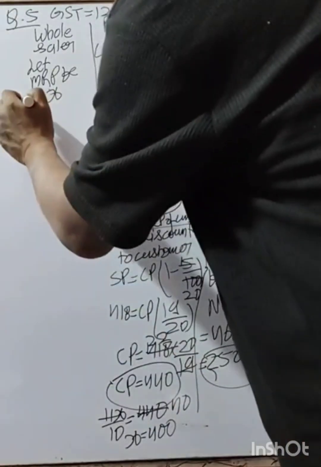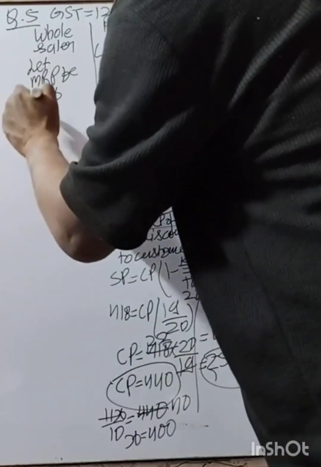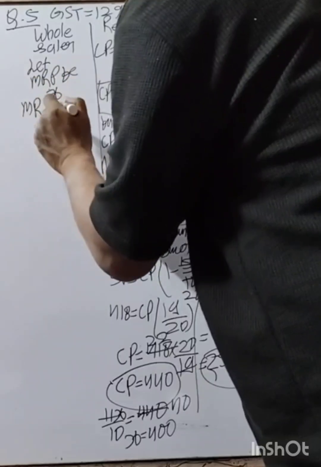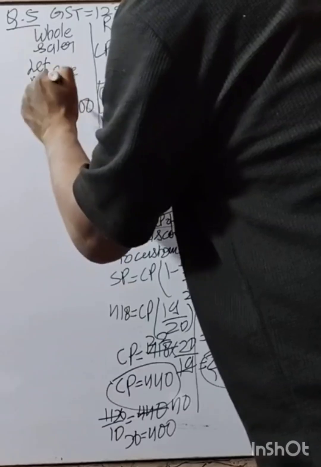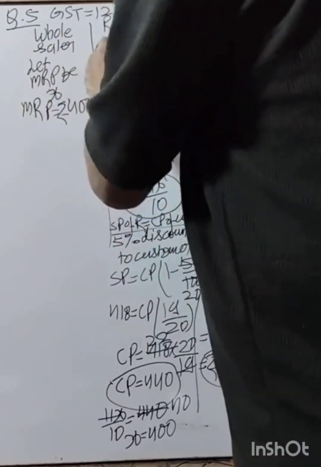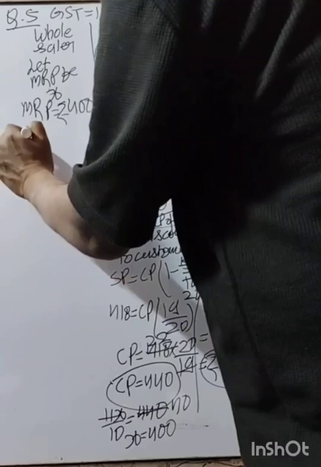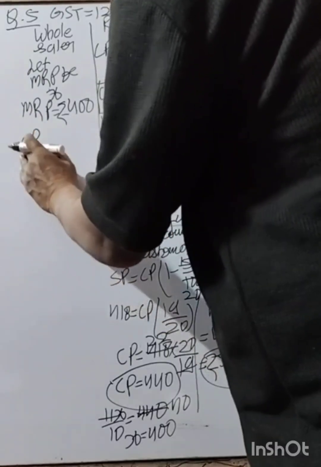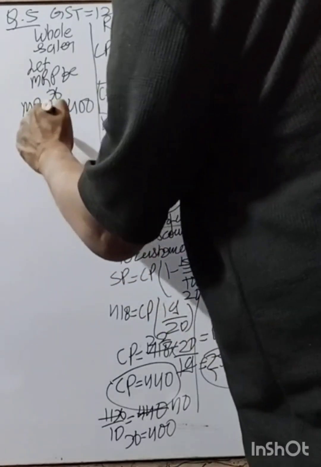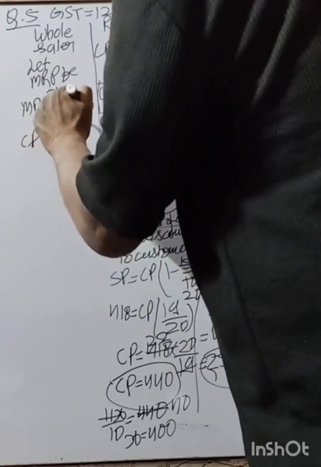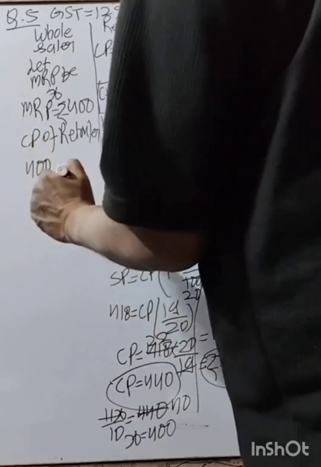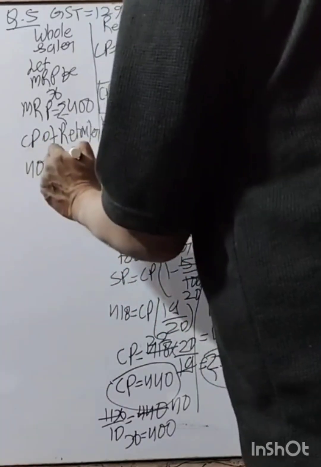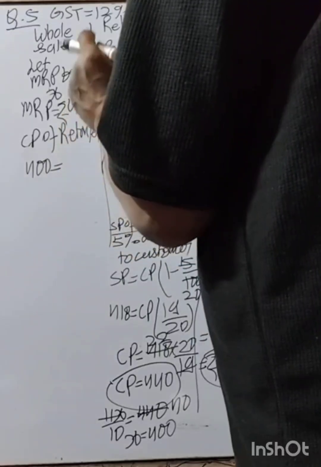So MRP is equal to rupees 400. Now the CP of the retailer, no, MRP now.